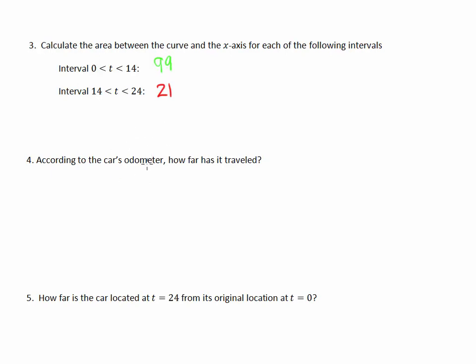Now the car's odometer is just the total distance traveled. So it doesn't matter which direction you're moving, it just wants to know how far you've traveled. So this is going to be 99 plus 21, which gives us 120 meters. That is the total distance the car traveled. 99 units forward, 21 units backward.